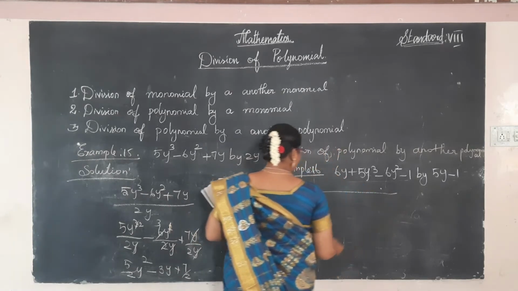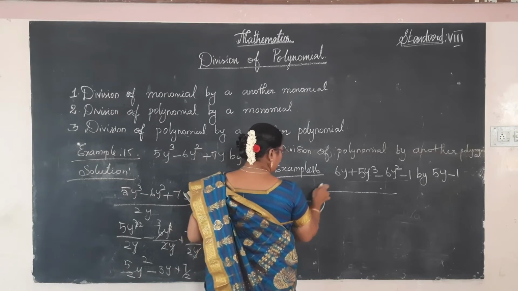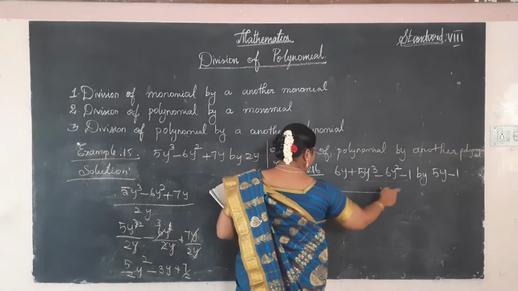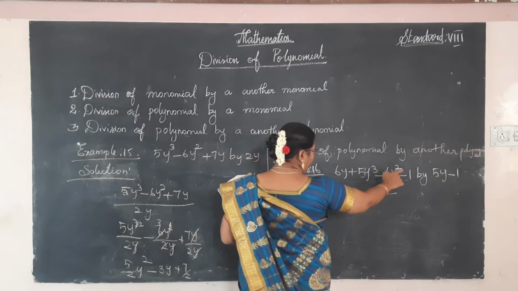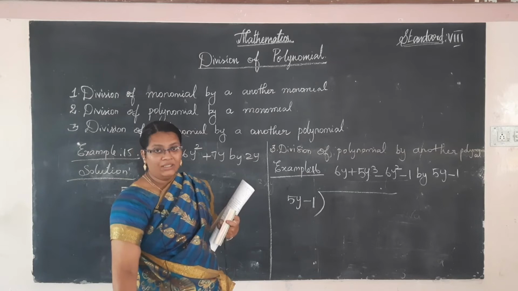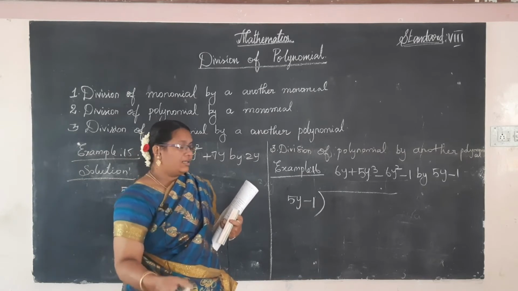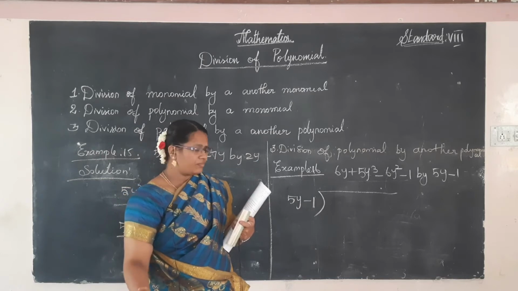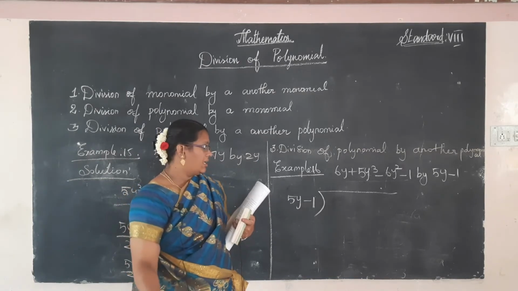You will write like this: 5y minus 1, the divisor, and the dividend. First, we arrange the dividend in decreasing order of the power of the variable, or ascending order.